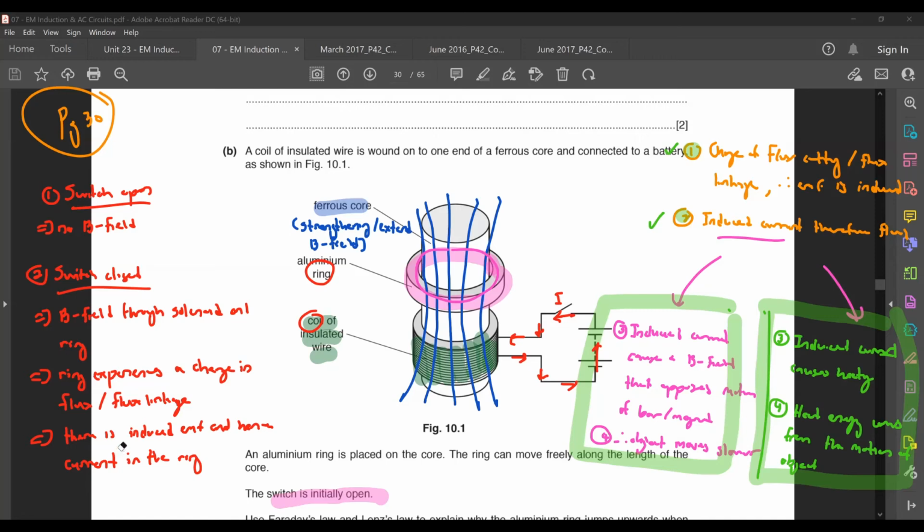From here, this will start to explain why your ring tends to jump up in the first place. The answer is that you have to say the direction of the induced current, sorry, let me just write it at the top here.